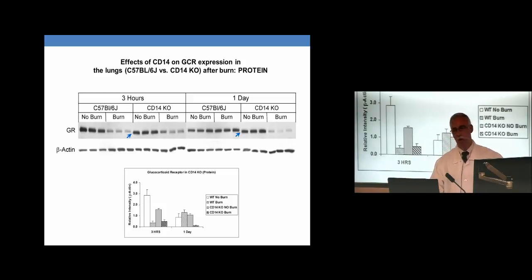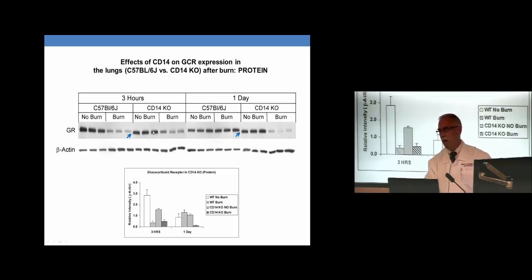We saw differences: in the knockouts you don't respond as well. But Kehoe, the PhD I've worked with for many years, noticed this band is a different size, a tiny difference in the size on this plot.